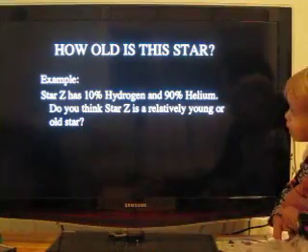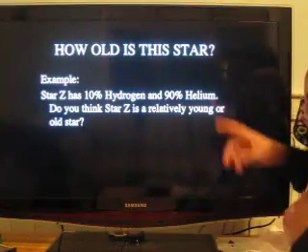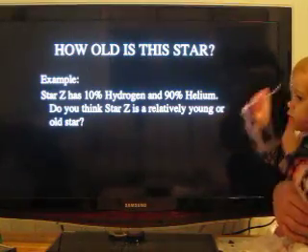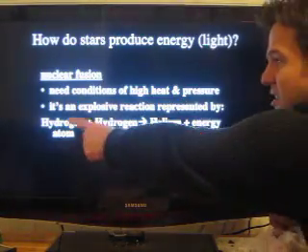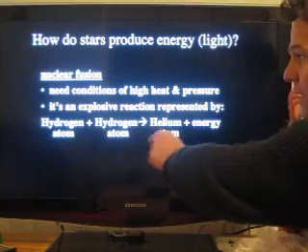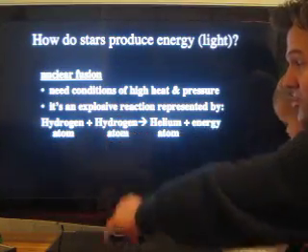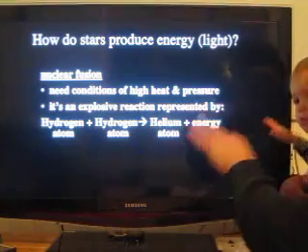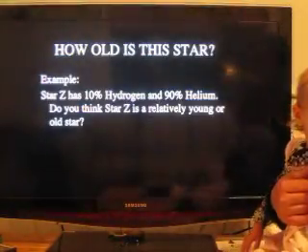Do you think it's relatively young or old? If it has mostly helium, let's go back to the reaction from the last slide. If it has mostly helium, that means this process has been going on for a while. If only 10% of the remaining material is hydrogen, that means most of it has gone to helium. So it's an older star then. That was the answer. Okay.